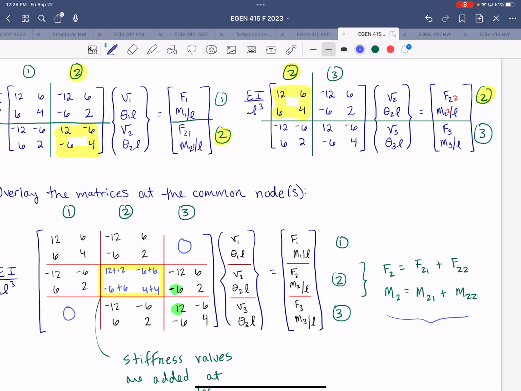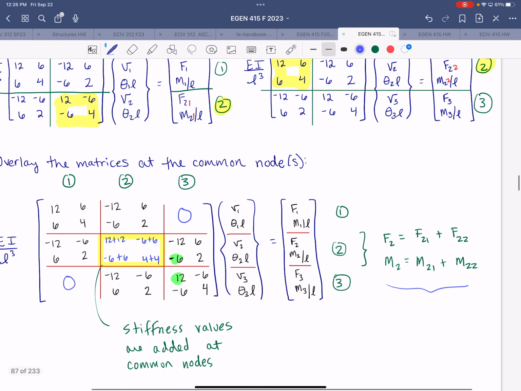So this note is forces from left side of the common node.